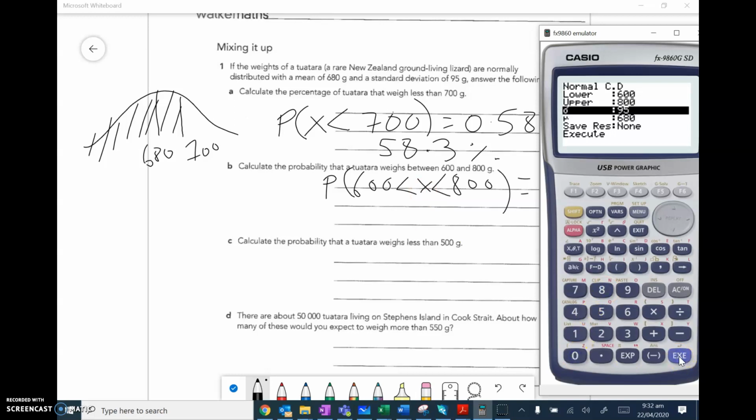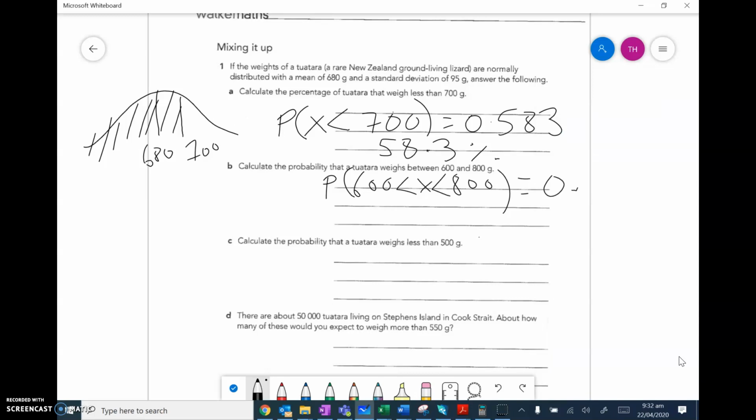Standard deviation and mean is still the same. So now I get 0.697. It doesn't ask me to change this one to a percentage, so that's my final answer.